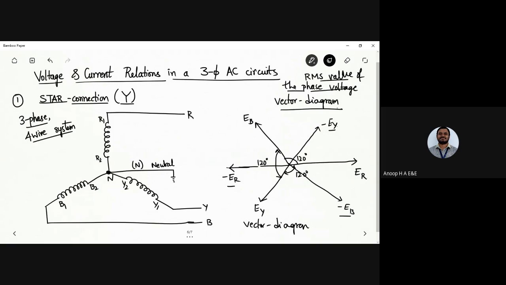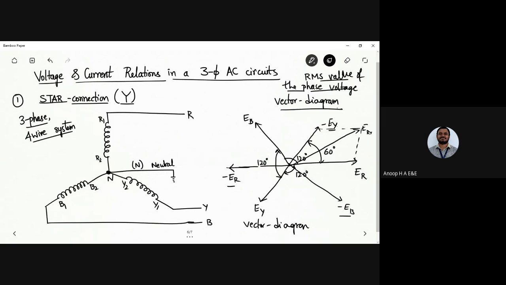The angle between EY and ER is 60 degrees. Now I trace it at the midpoint, which will give me ERY.